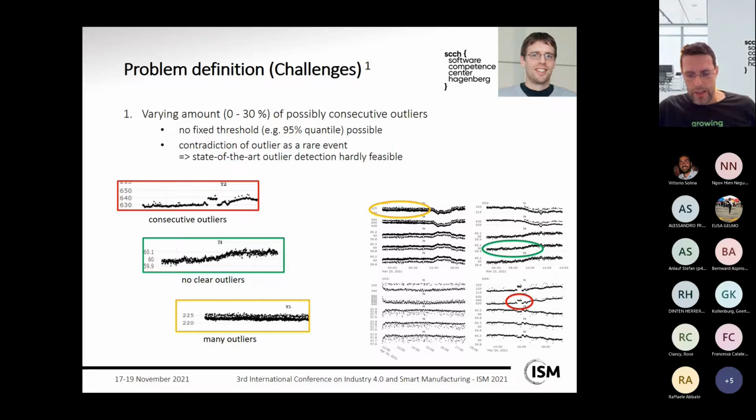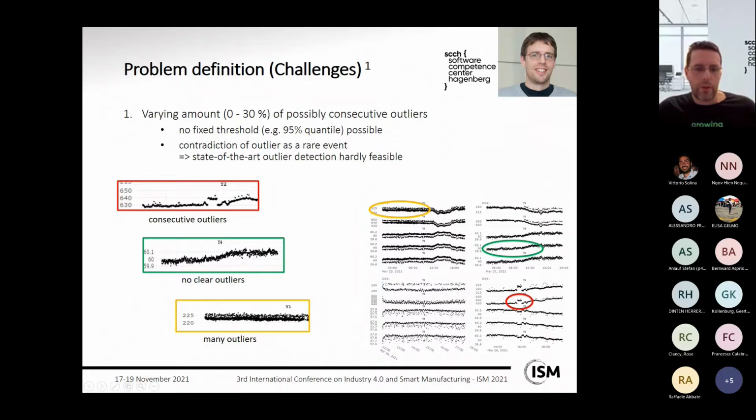First of all, we had to face a highly varying amount of outliers in the data. There were many production periods where no outlier is detected, like here in the green marked sequence. That is, so to say, the normal state. There were cases, like here in the red marked sequence, where just a few outliers are appearing over a longer period.